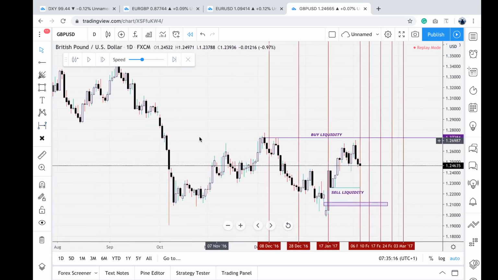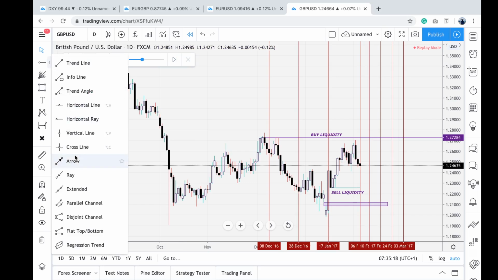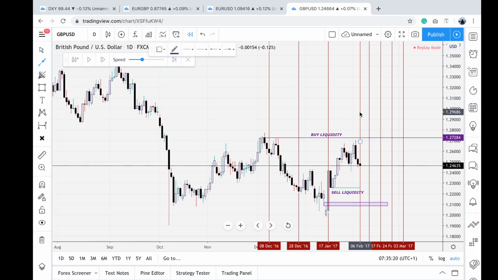Okay, so we're going to pull up our toolbars to draw up our ranges. For 20-day IPDA, there's our range. For 40-day IPDA, this is our range. And then for 60-day IPDA, this is our range.